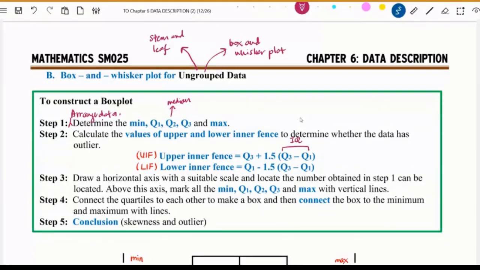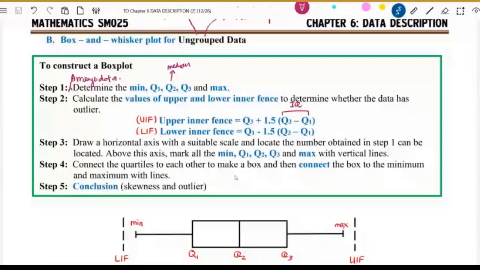So once we have 7 values, we're gonna have to draw a horizontal line, which is with a specific fixed scale, and then we have to plot the values on the horizontal line. Okay, and then we have to connect, so it will form like this.